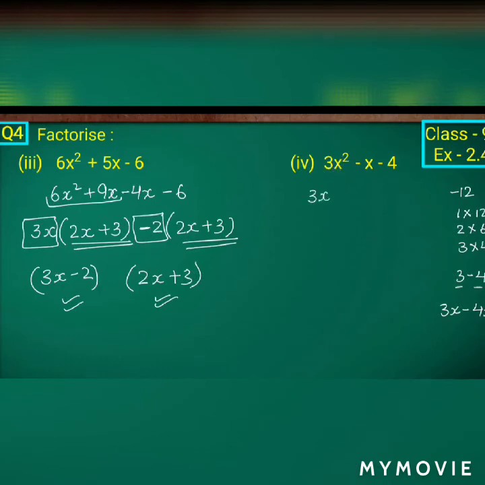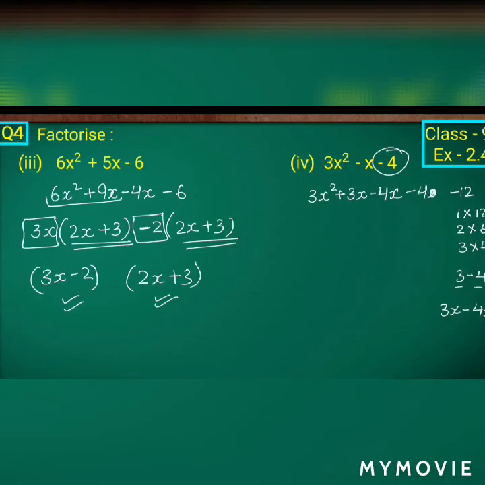So we'll just take the equation here. 3x square plus 3x minus 4x minus 4, isn't it? So minus x can be replaced by plus 3x minus 4x.